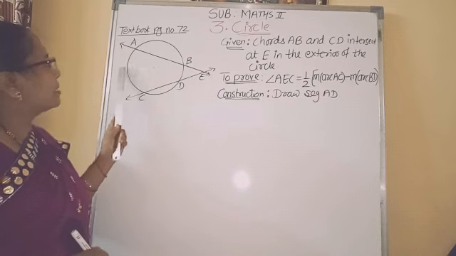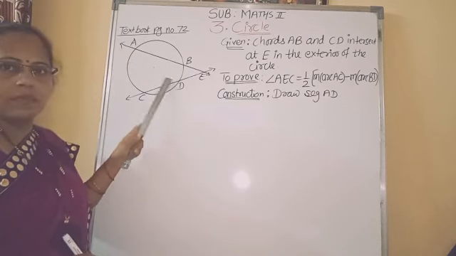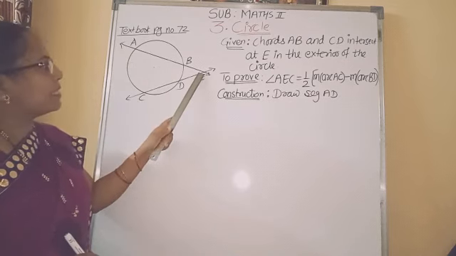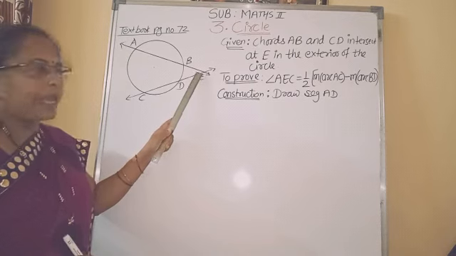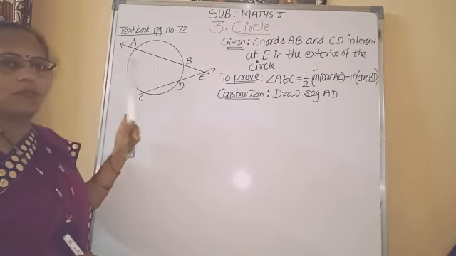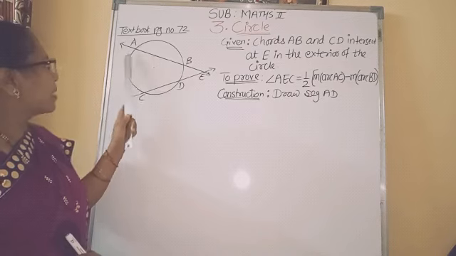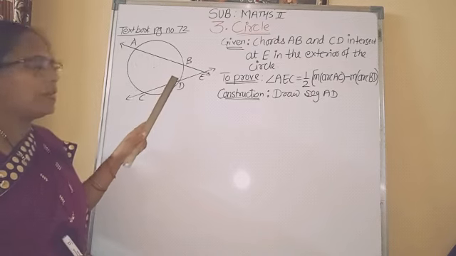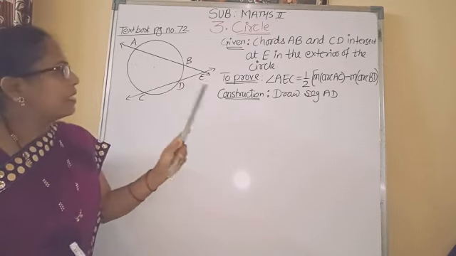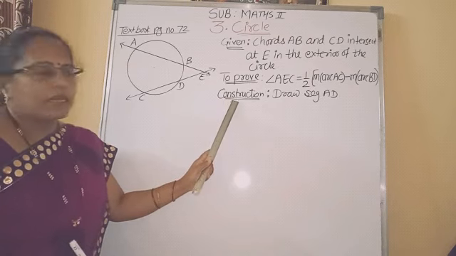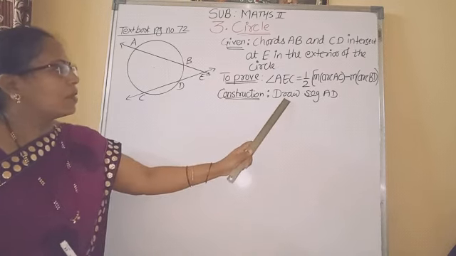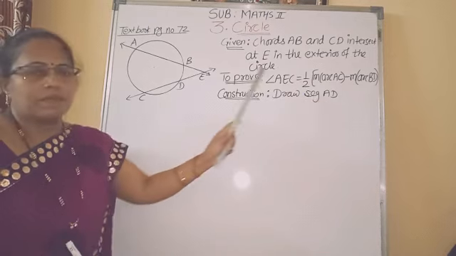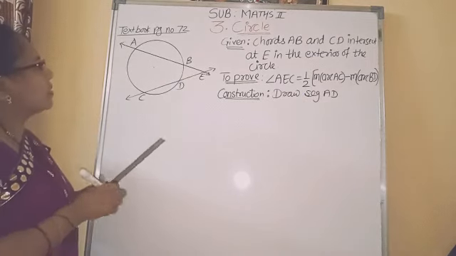This angle intercepts two arcs. So the measure of this angle is half into bracket subtraction of these two arcs: arc AC minus arc BD. Okay. Here construction we have to do. Draw segment AD. So let us do the construction.